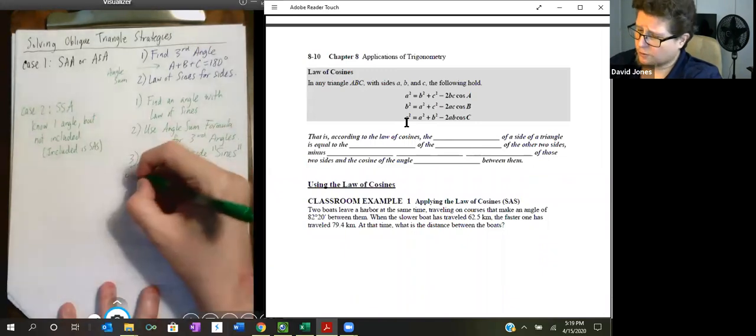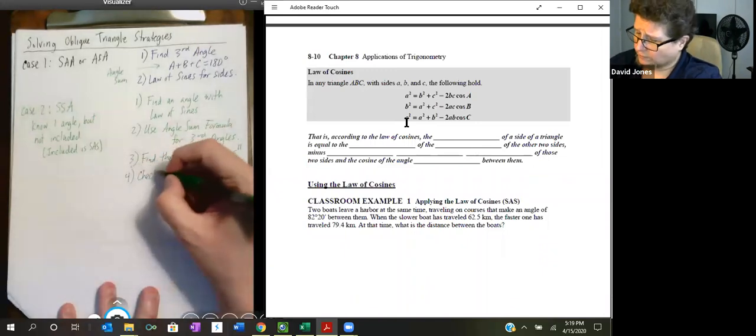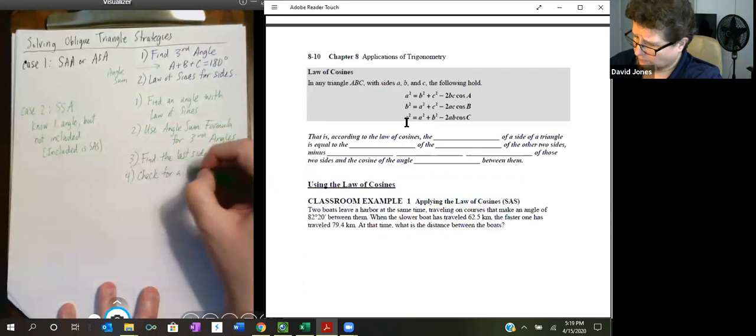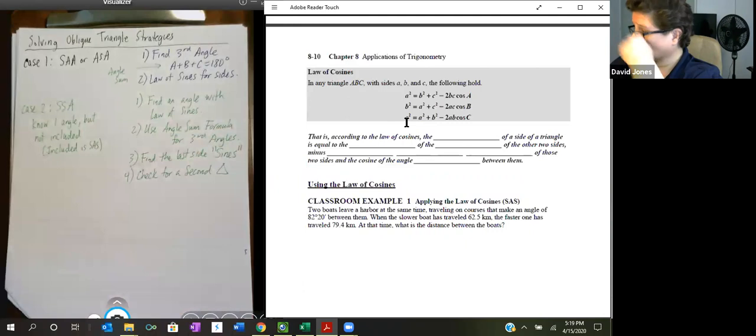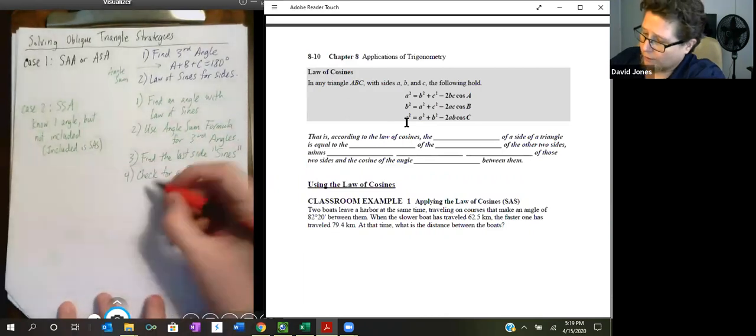And this was the case where we had to check for a second triangle. And if there is a second triangle, repeat 2 and 3 if necessary.